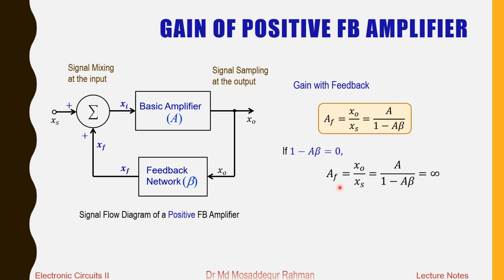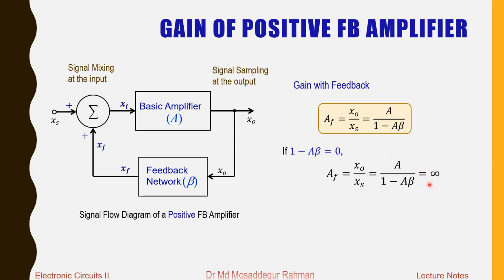So in AF, when this factor 1 minus A beta is 0, the gain with feedback amplifier will be infinite. We have already mentioned that the positive feedback amplifier will give us a gain greater than the gain of the basic amplifier. The smaller this factor is, the higher the gain will be. But you see that when this becomes exactly 0, the gain will become infinite.